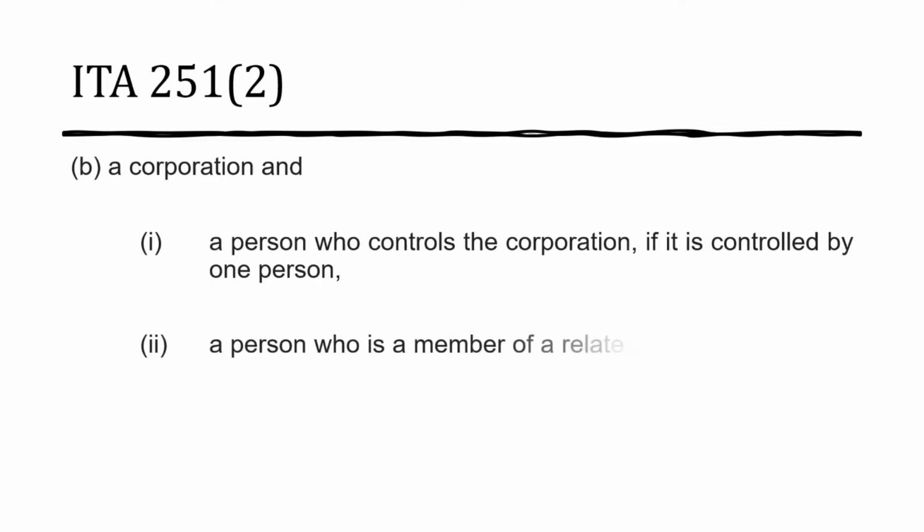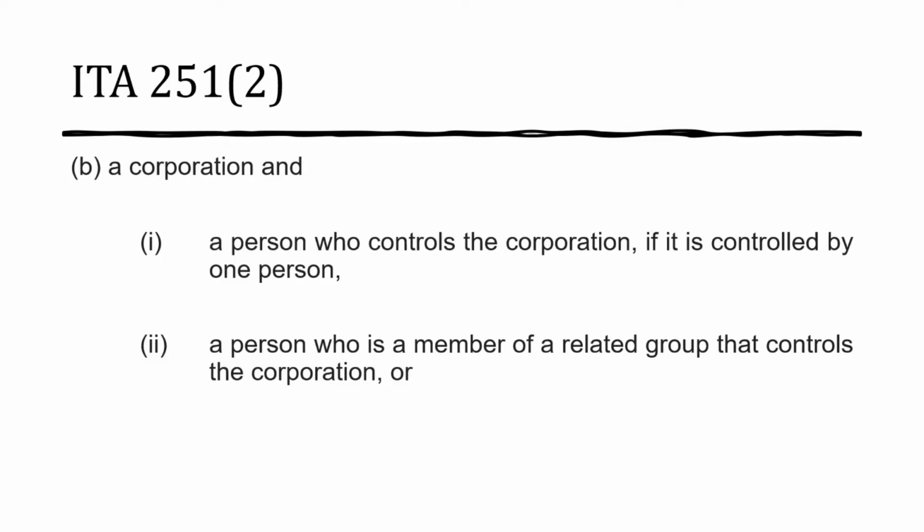Subparagraph 2, a person who is a member of a related group that controls the corporation. An example of this would be if myself, my brother, and my sister, the three of us together, happen to control a corporation. We don't, but let's pretend we did.